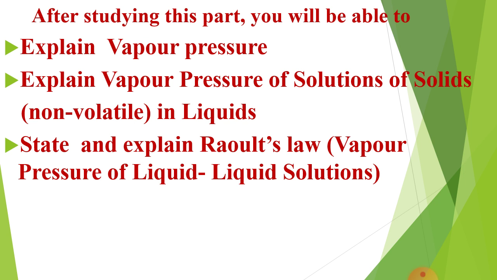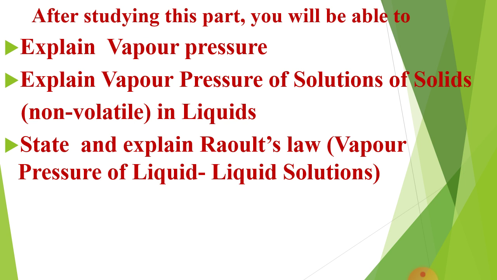Here two terms came so many times in this chapter, that is volatile and non-volatile. Volatile means tendency to form vapor, that is, those substances which want to come in the form of vapor are known as volatile.